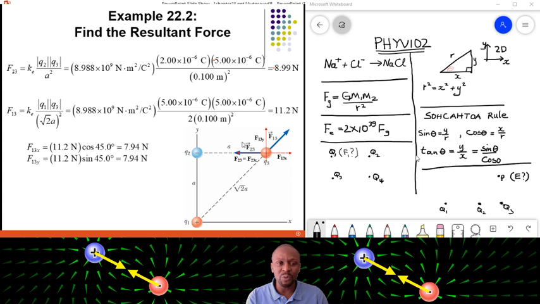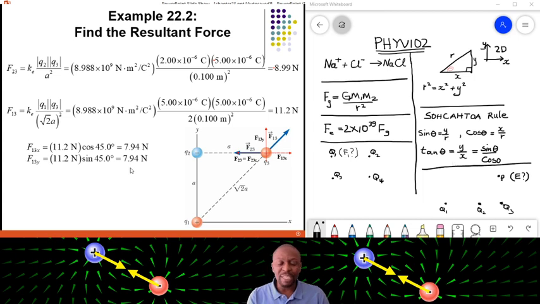The x component of F13 is given by this equation here. The angle there is 45, and nobody is going to tell you that the angle is 45, but if you draw your y and x axes, the repulsion force between Q1 and Q3 will be directed at an angle of 45. So the y component is given by that value there.